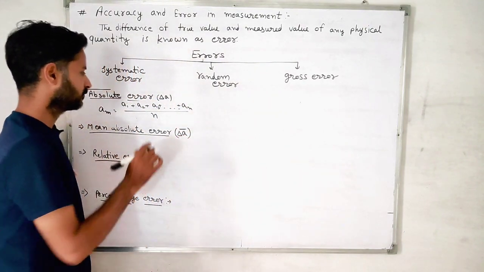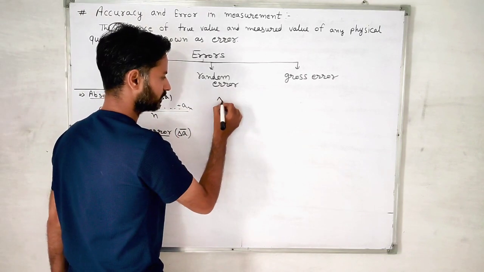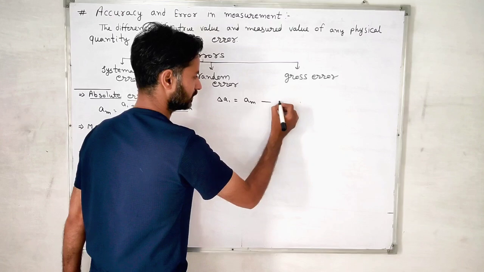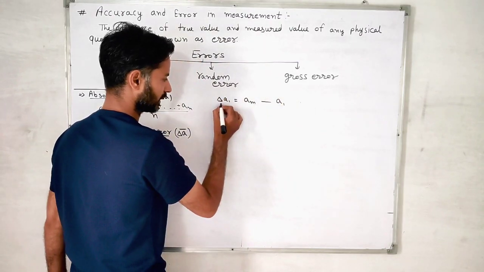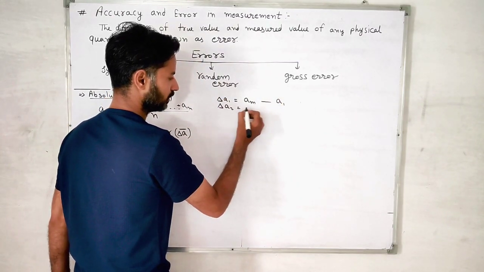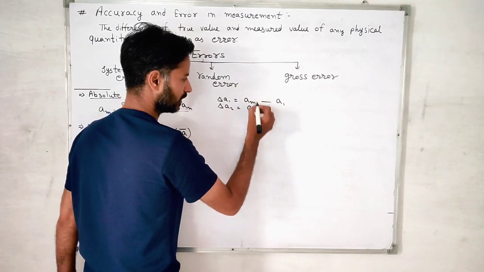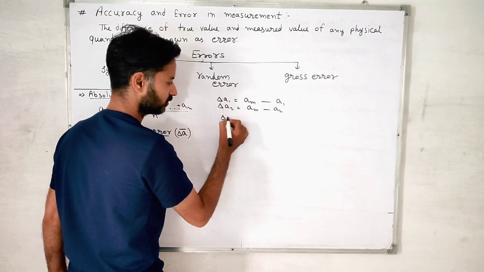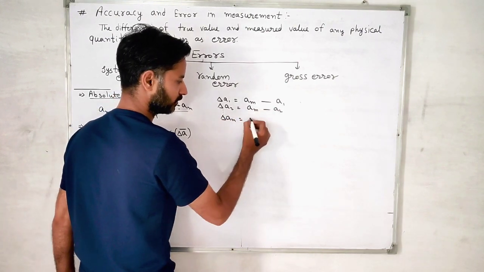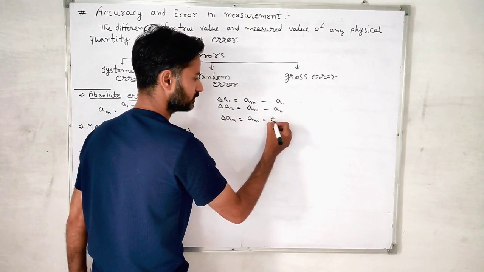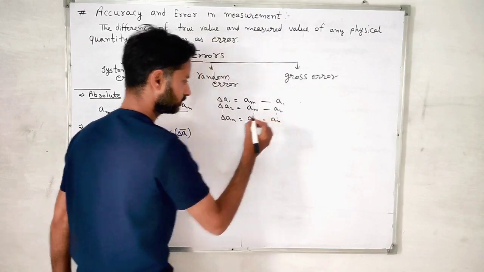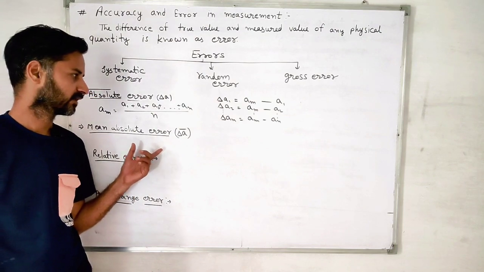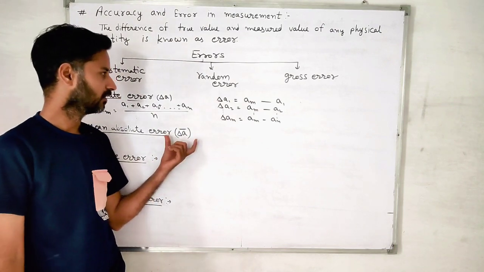So, the absolute error in the first reading will be del A1 equal to A mean value minus A1. For the second, del A2 equal to A mean value or real value minus A2. For the nth reading, absolute error del AN equal to real value minus AN. Now, the mean absolute error is known as del A bar.